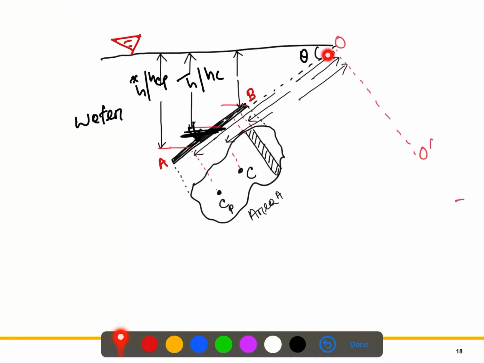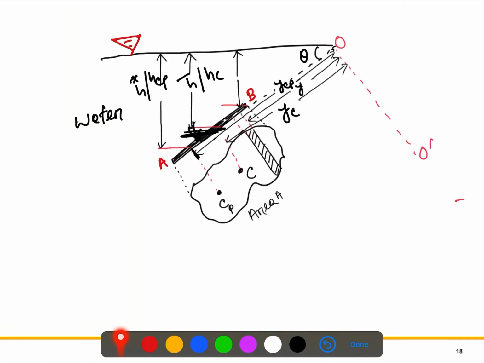So this distance, we can say, is y, and the distance from here to here is y_CP. This is the strip we have, so the distance from here to here is y, and from the centroid this is y_C.